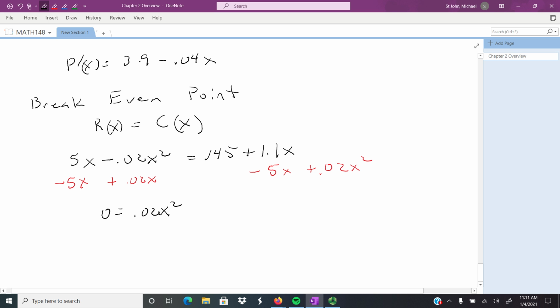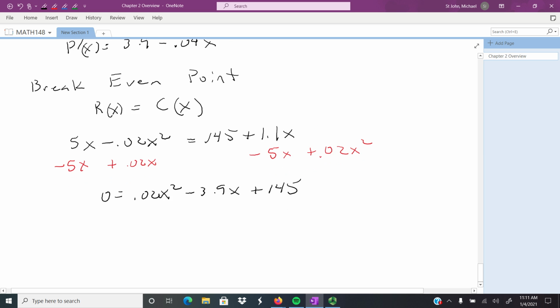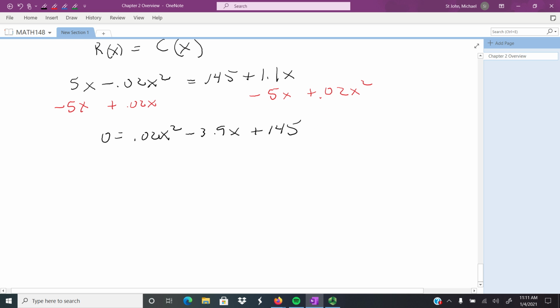And so we get 0 equals 0.02x squared minus 3.9x plus 145. And we want to find x. Again, it's quadratic. And so one of the ways of finding that was using the quadratic formula.